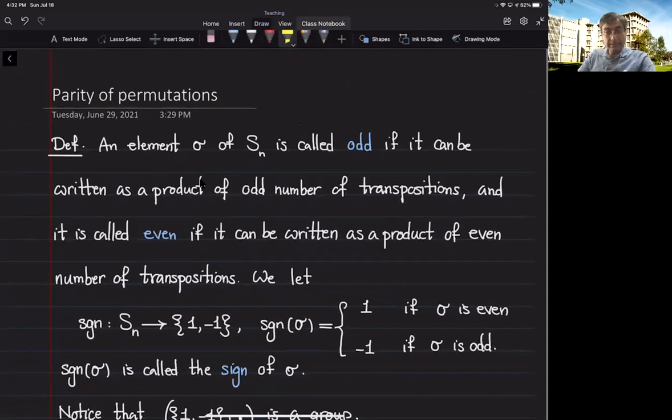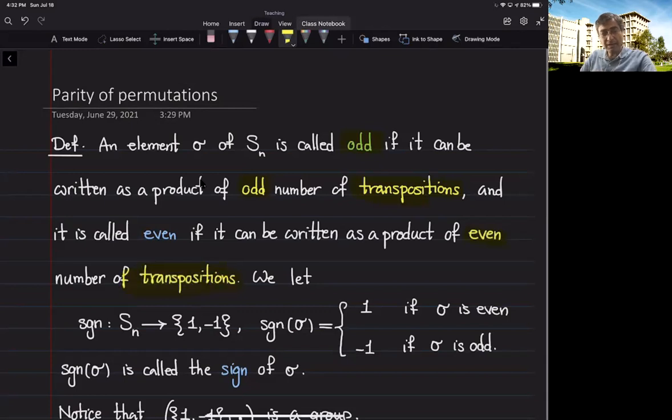Now, an element of a symmetric group, a permutation, is called an odd permutation if it can be written as a product of an odd number of transpositions. And it is called an even permutation if it can be written as a product of an even number of transpositions.